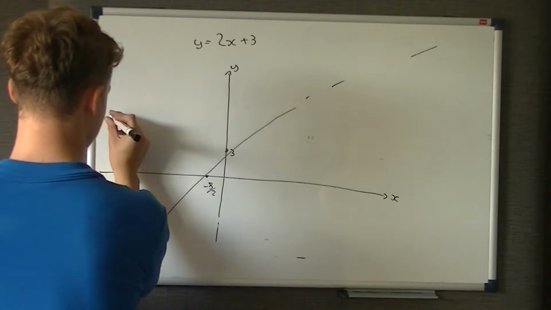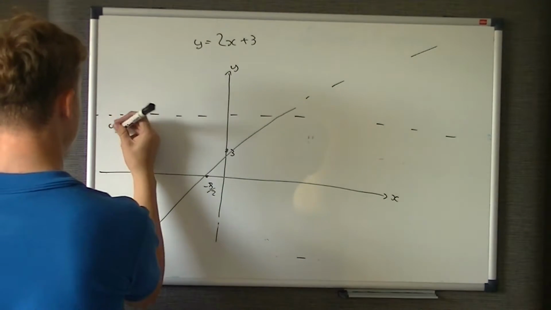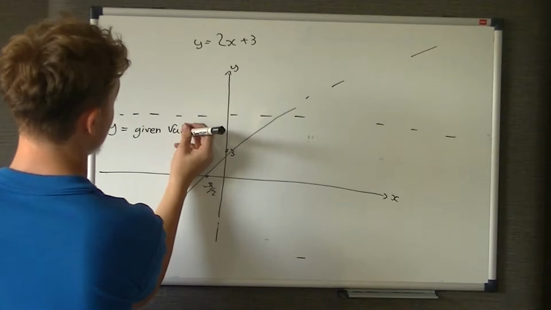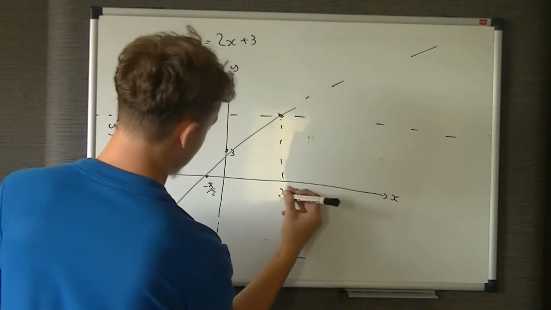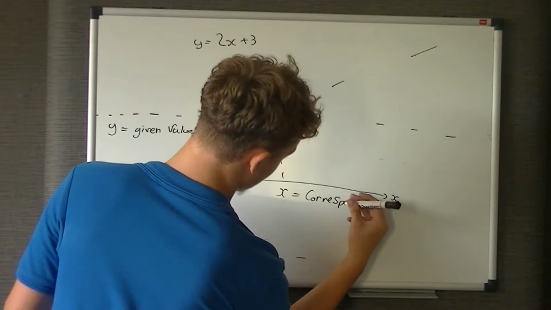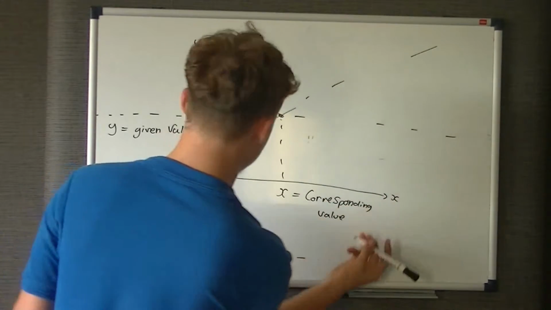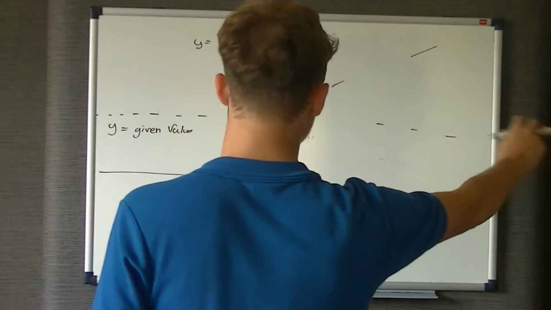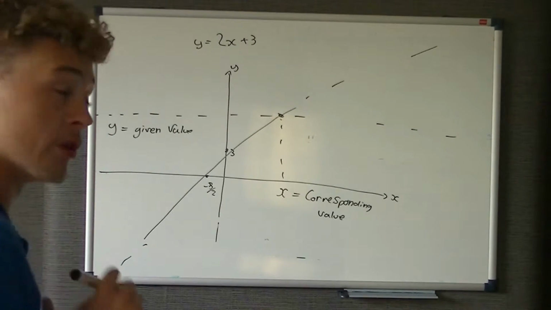So if I draw my imaginary line across here, y equals a given value, say y equals 8, we hit the line at the corresponding x value. This line could keep going on and on, but we'd only ever meet it at that one point. So it's a one-to-one function.